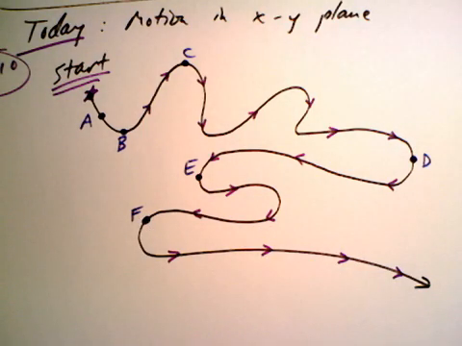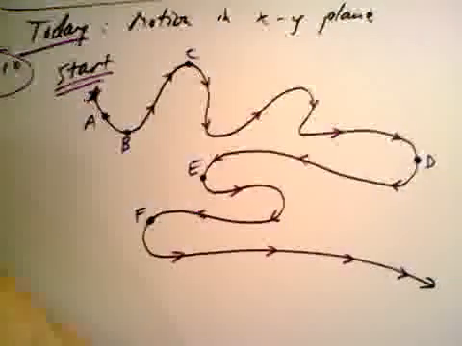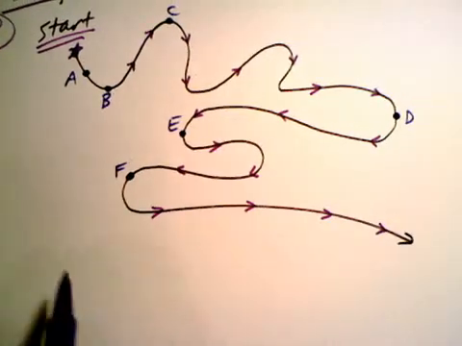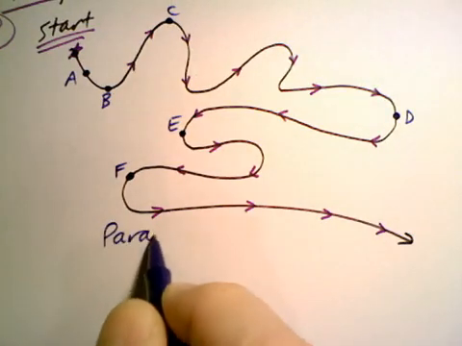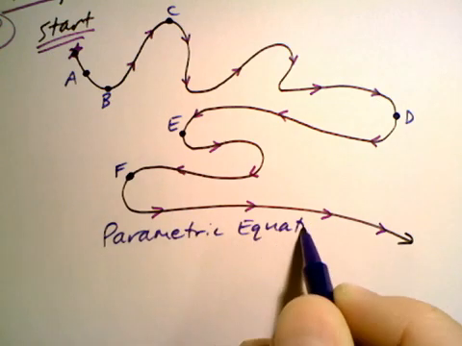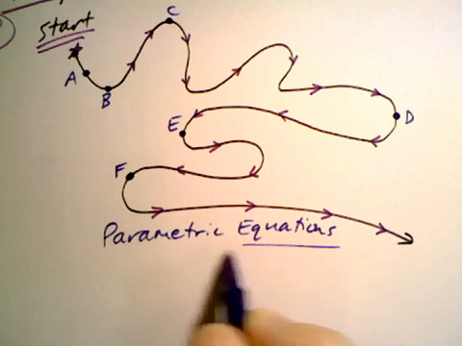Okay, and so I really just want to help you understand conceptually what is going on when we're talking about motion in the XY plane, specifically with parametric equations. Parametric equations, just to remind you what you've learned already.